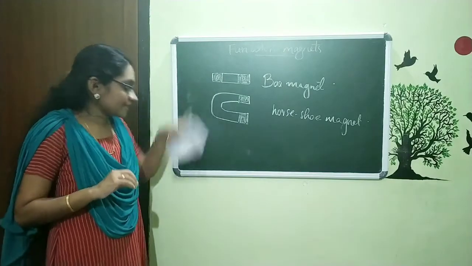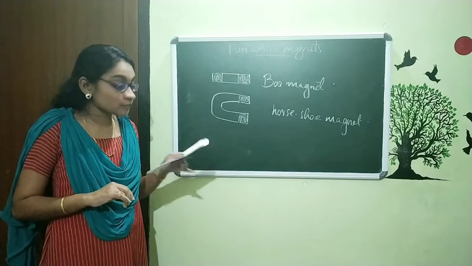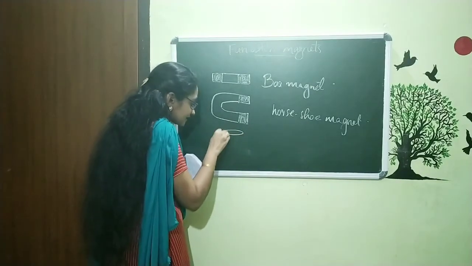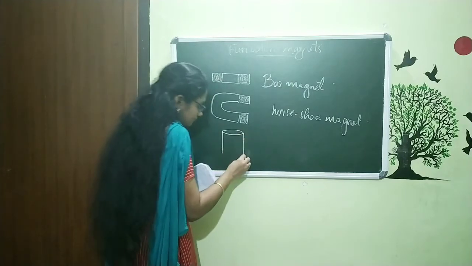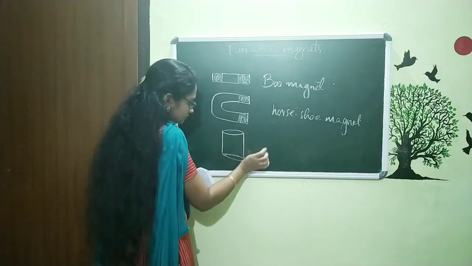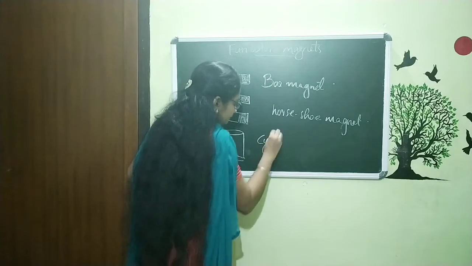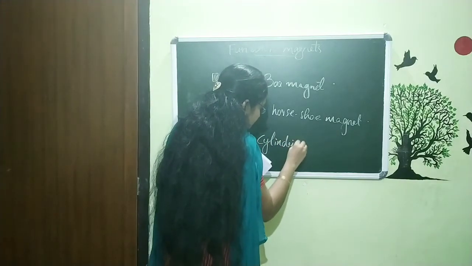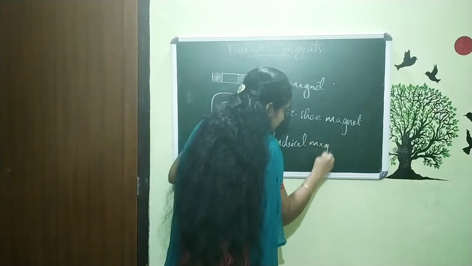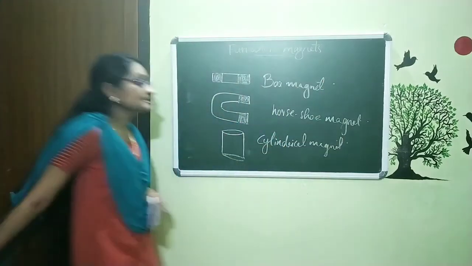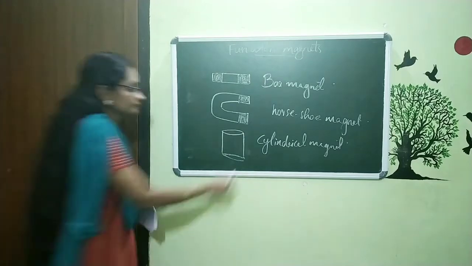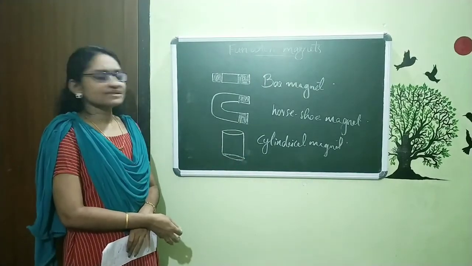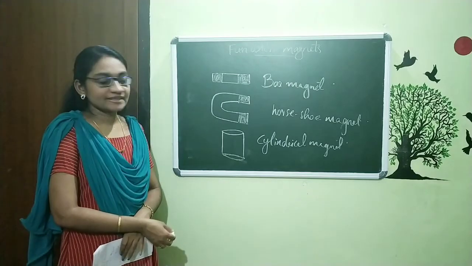So we studied bar magnet, horseshoe magnet, then cylindrical magnet. This magnet is in cylindrical shape and it's called cylindrical magnet.